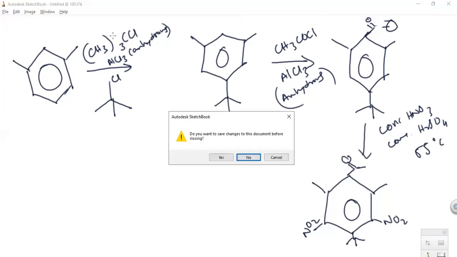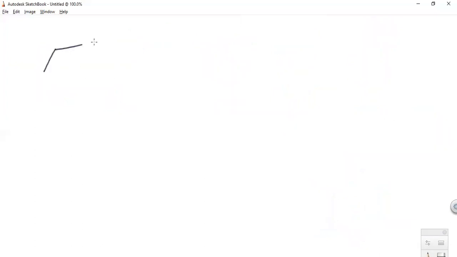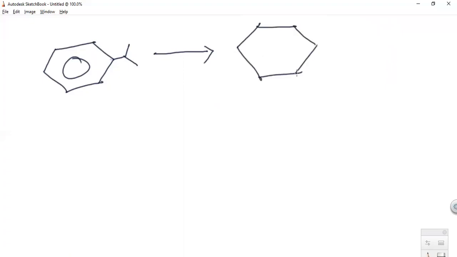Now let's do the next example. Let's say this is the initial molecule given. They can give you different sorts of reactions. Okay. From here, let's say we will be forming this one. Now in this case, they will be asking you several types of questions. Let's say here they're asking you to give the condition again.